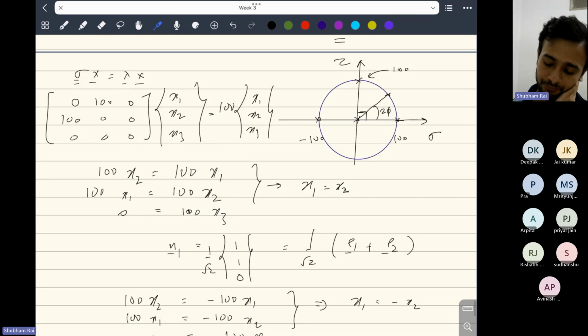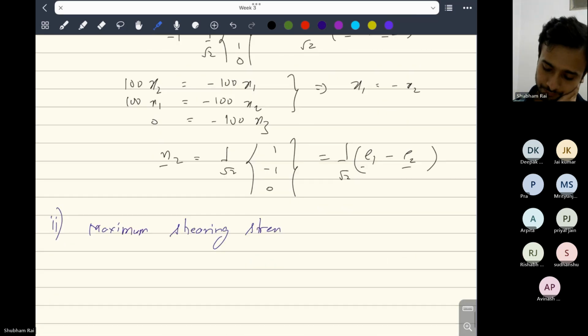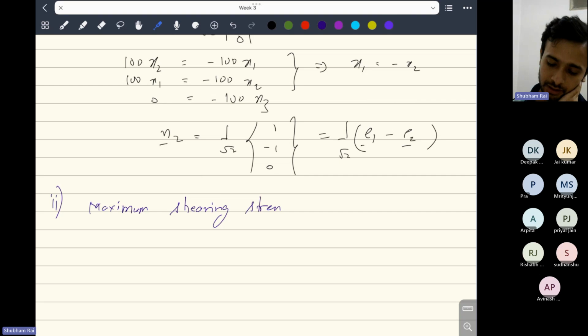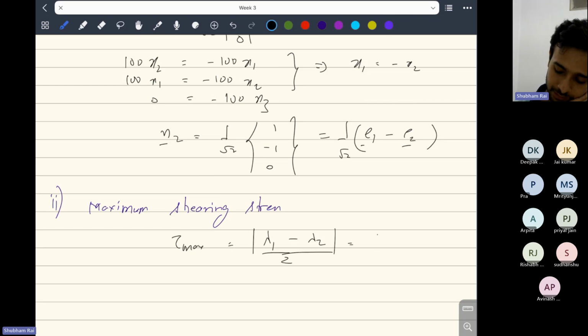Okay, so maximum shearing stress, we can use the formula also, or we know that tau max is given by lambda 1 minus lambda 2 by 2, and magnitude of that. Lambda 1 is 100 and lambda 2 is minus 100. So we will get 100, right?